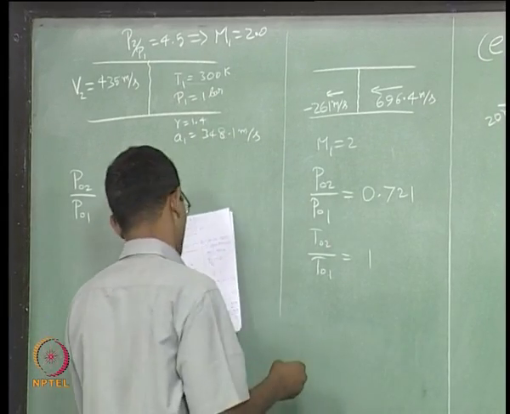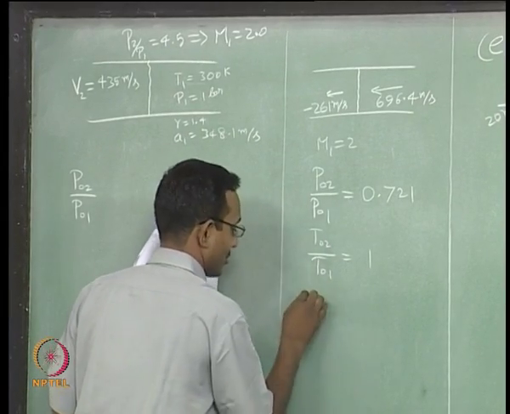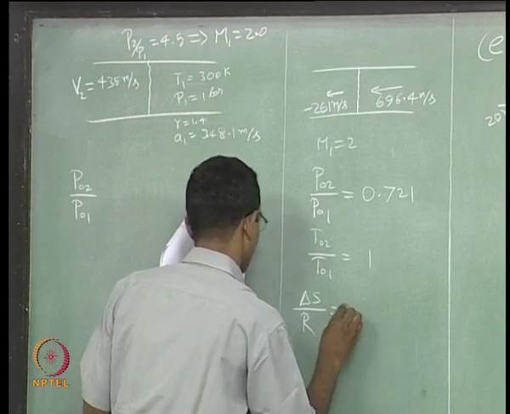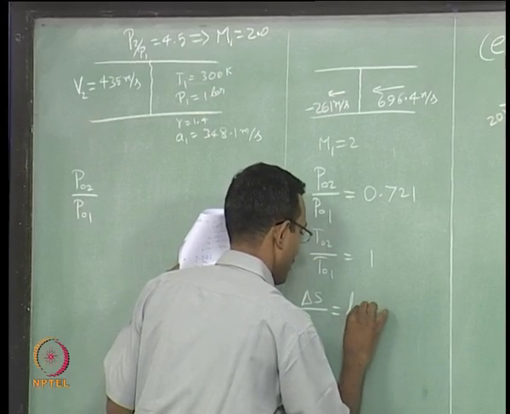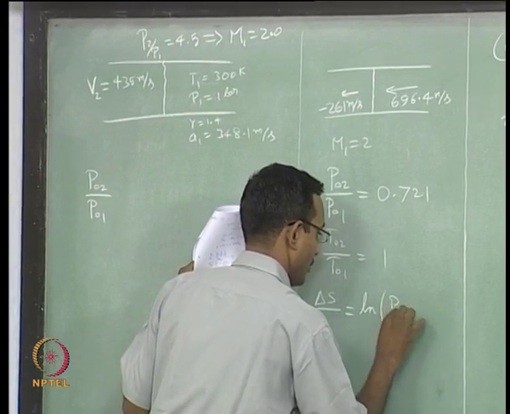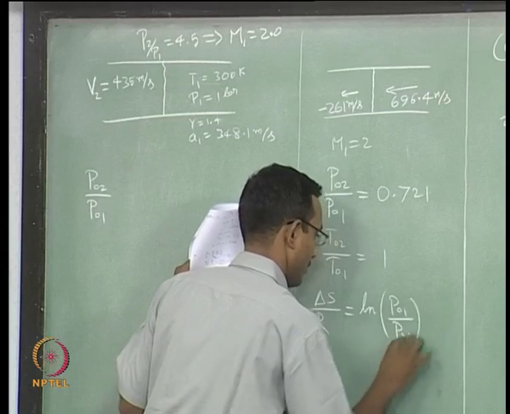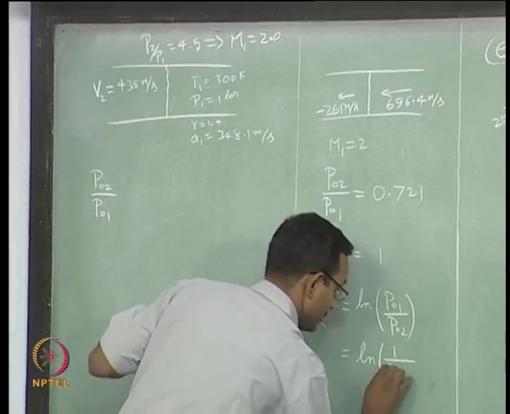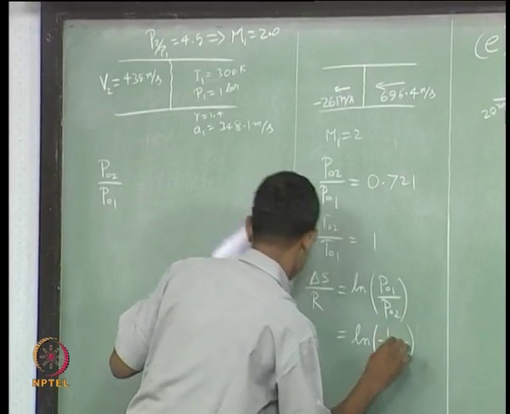This also we know from normal shock tables, normal shock, not really tables really. Delta S by R was given to be log of P01 by P02, which is log of 1 by that number 0.721.